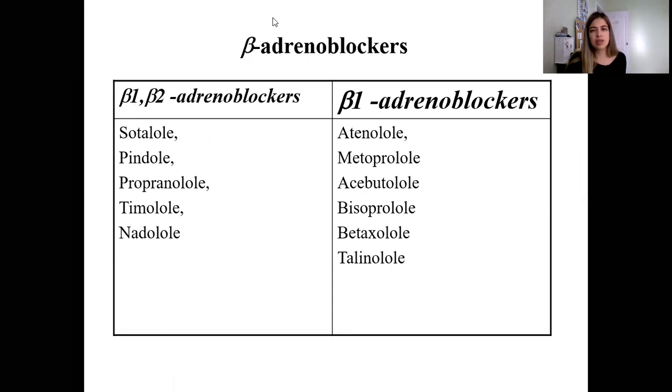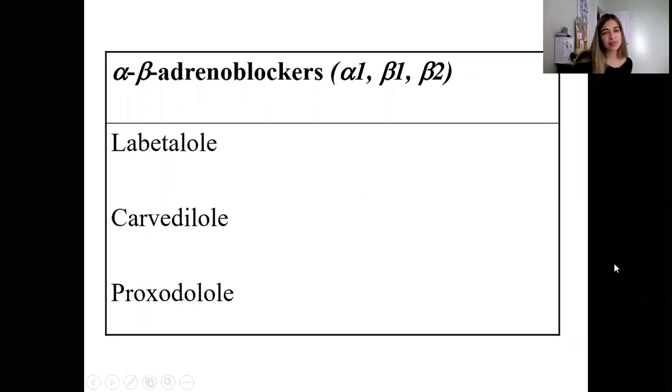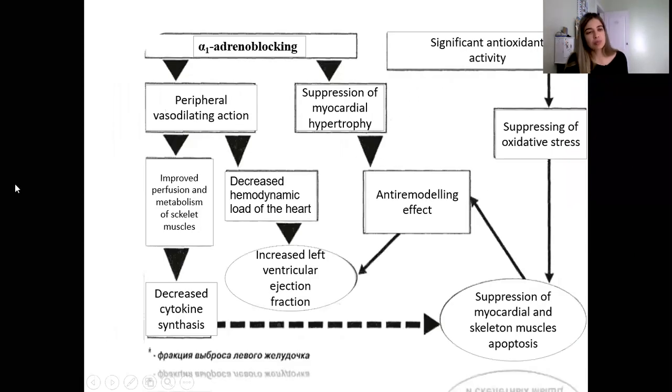And what you can see is that all the drugs which are beta blockers end with -lol, pindolol, and everywhere the same ending, -lol. So beta blockers always end with -lol, okay? It will be easier to remember if you remember that they are lols.